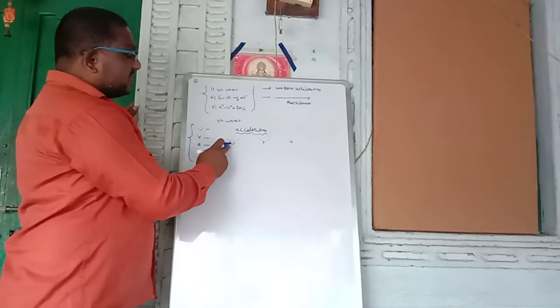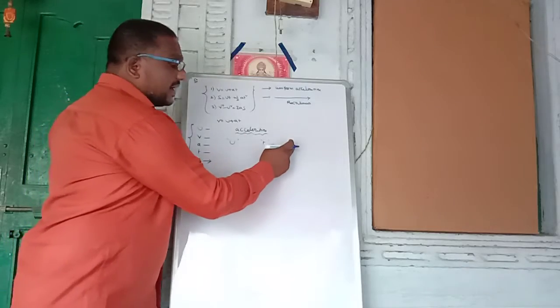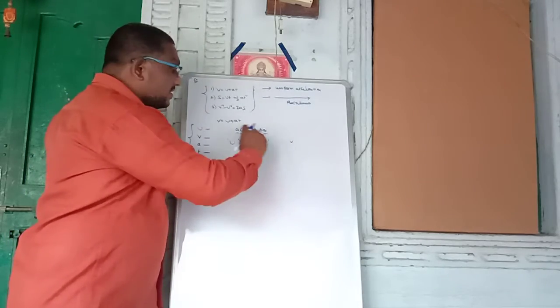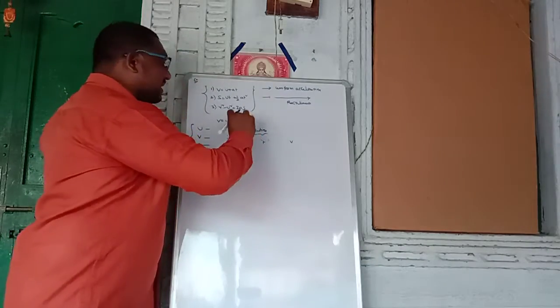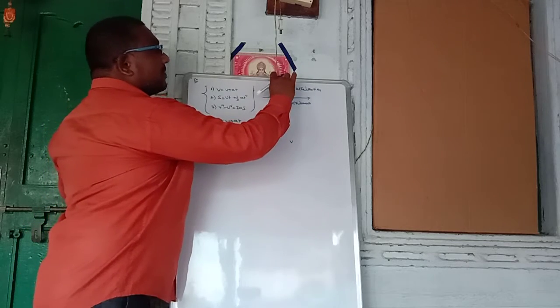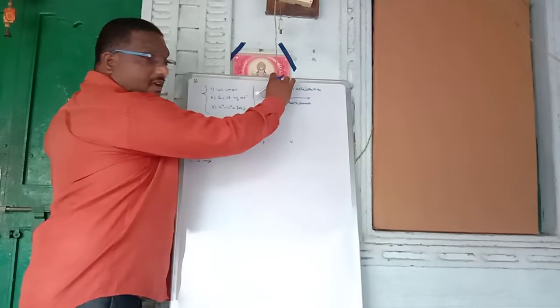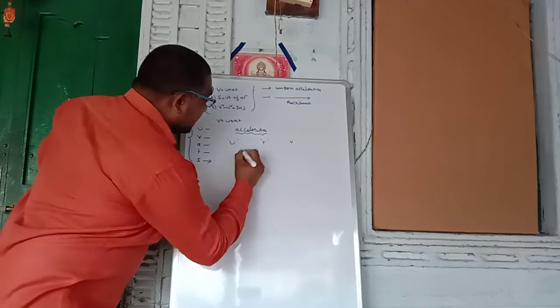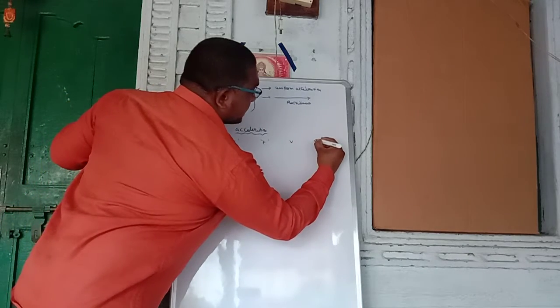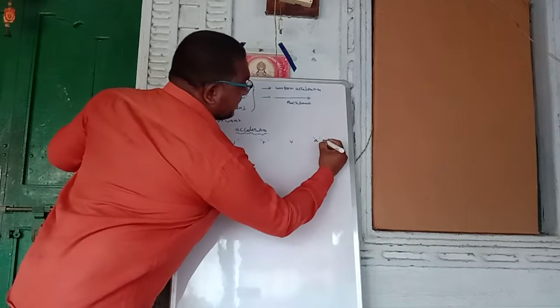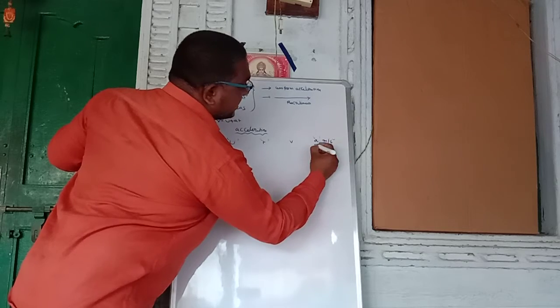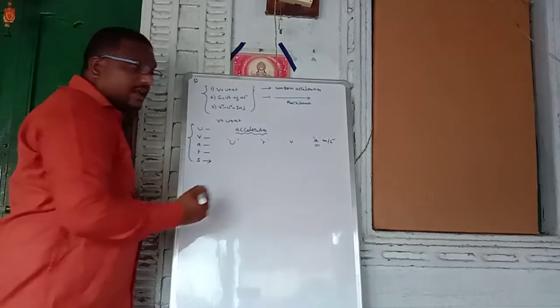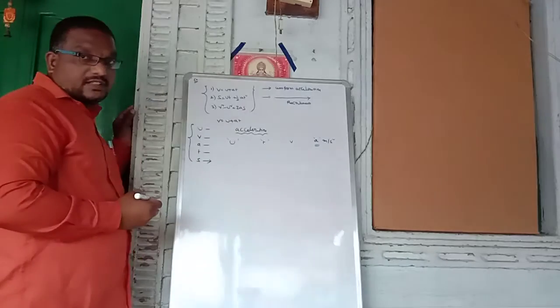So here u is initial velocity, v is final velocity. Velocity is changing, and this acceleration is uniform acceleration. Suppose the uniform acceleration of your body is a meter per second square.